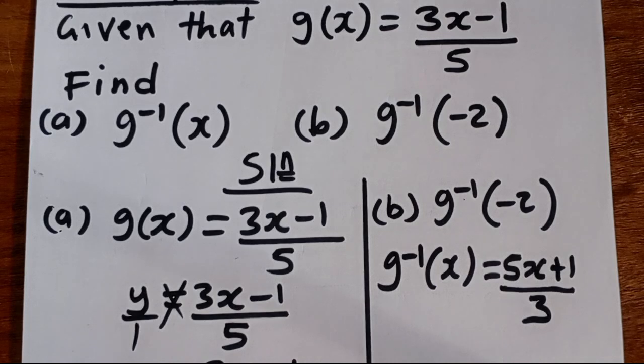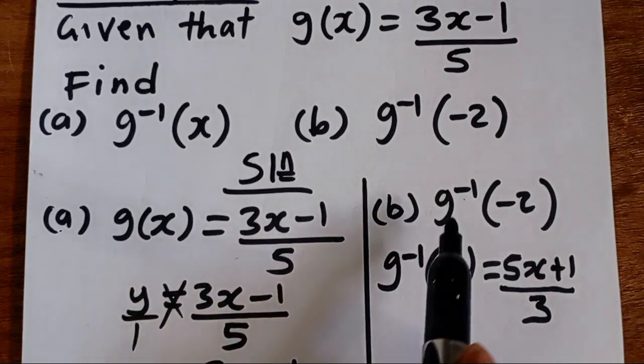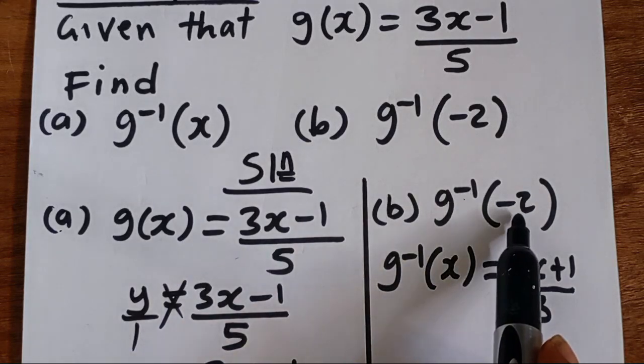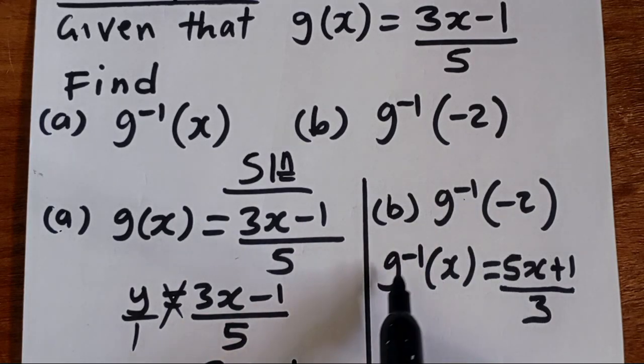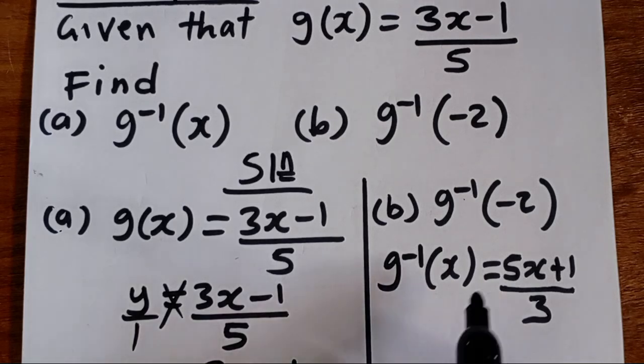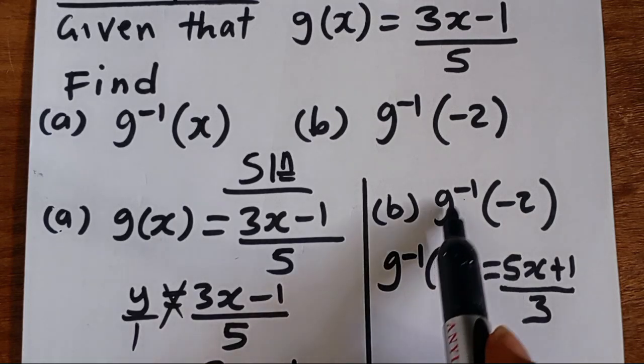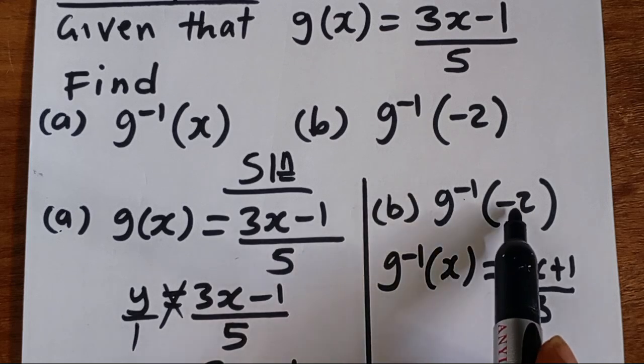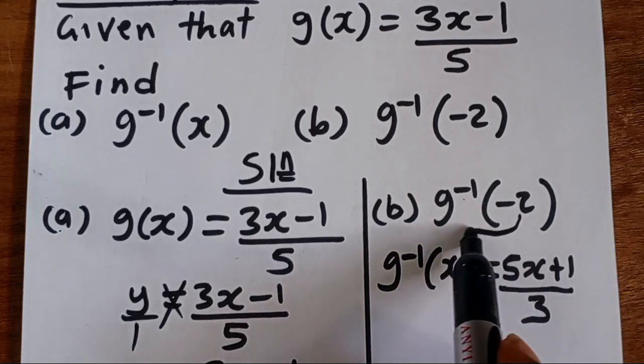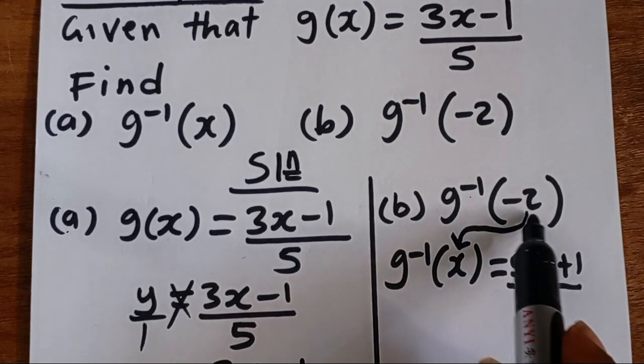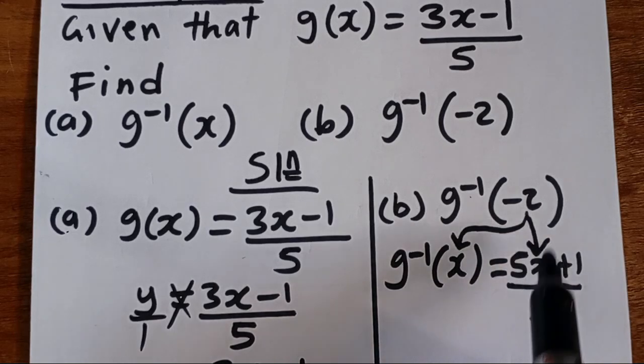That is our g inverse of x. So to find the g inverse of negative 2, we need to use the g inverse of x. Here it is simple. It means where there is x in the g inverse, we are going to substitute negative 2. So where there is x here, we substitute negative 2. Where there is x here, we substitute negative 2.